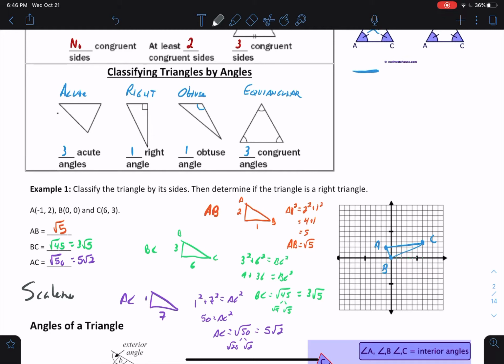Next up, we need to determine the angles. In the coordinate plane, all I can do right now is see if I have a right triangle. Remember, a right triangle happens if two lines are perpendicular. If you remember back from last unit, lines are perpendicular if they have opposite reciprocal slopes.